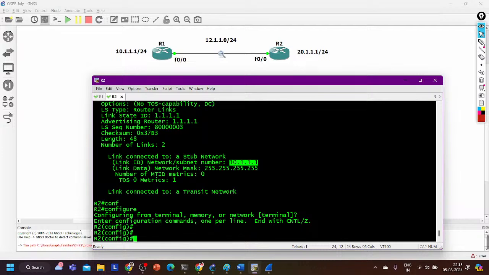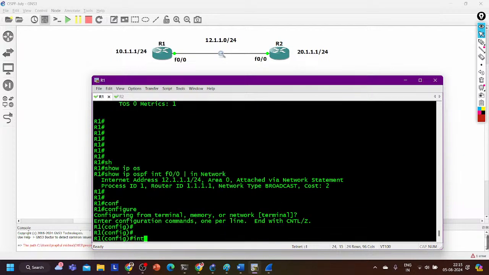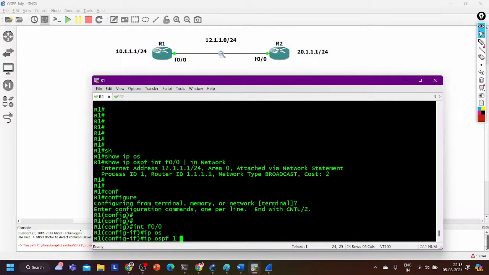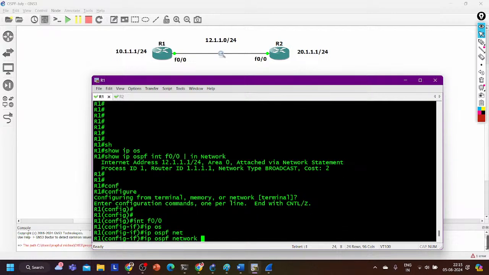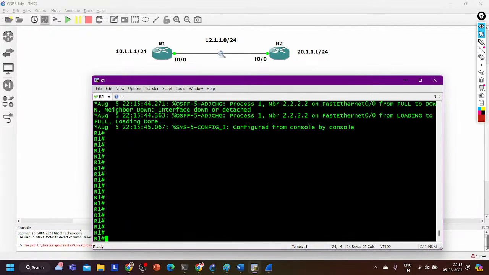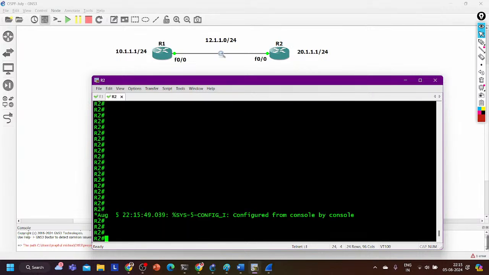For now I am going to change the network type. On router number 1 also I am going to say interface F0/0 and then IP OSPF network point-to-point. As you have configured network type point to point, now OSPF neighborship will come up quickly, right? Now OSPF will work fast.